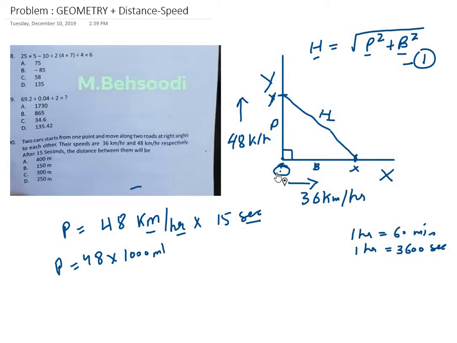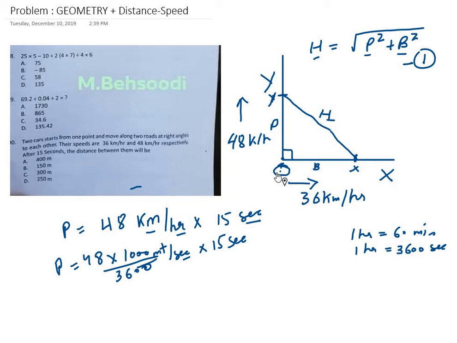So 48 into 1000 meters divided by 3600. Then the units get converted from kilometer per hour to meter per second, multiplied by 15 seconds. We convert hours to seconds because the time is given in seconds, and the answer is given in meters, so we converted kilometers to meters.